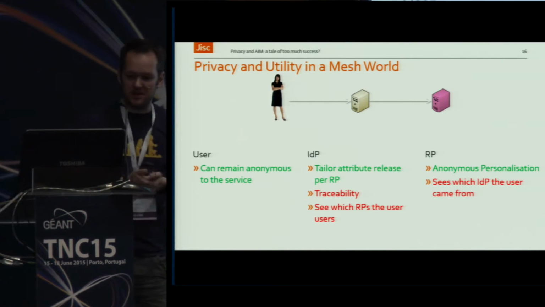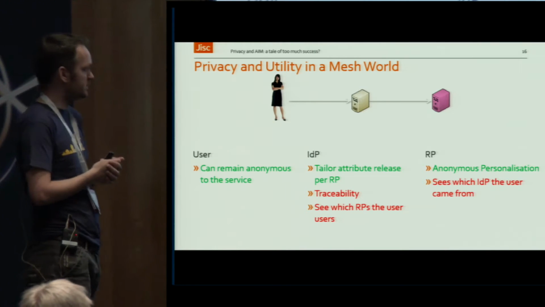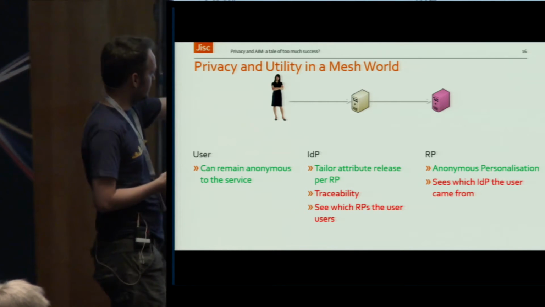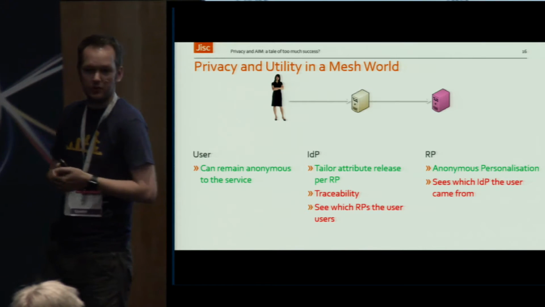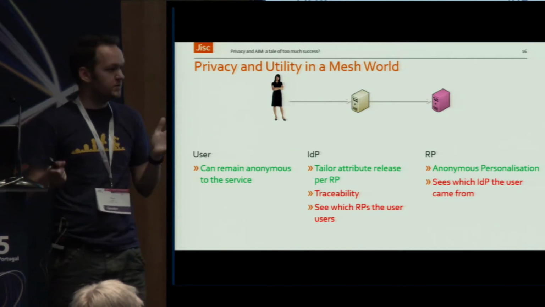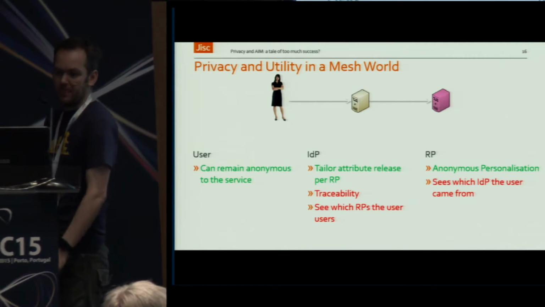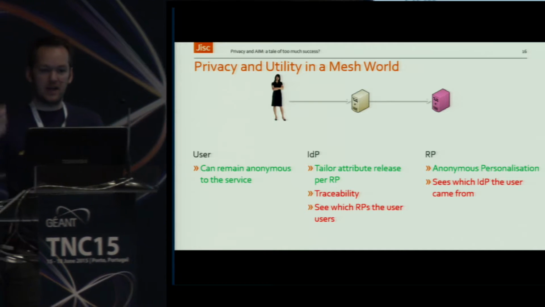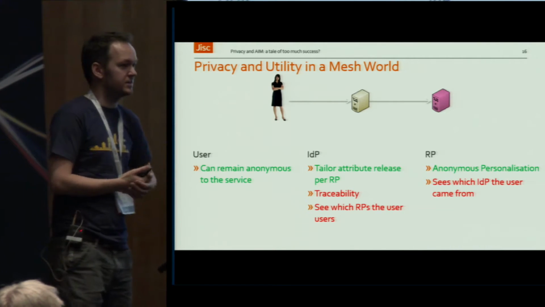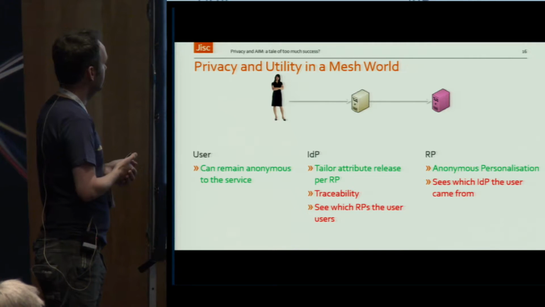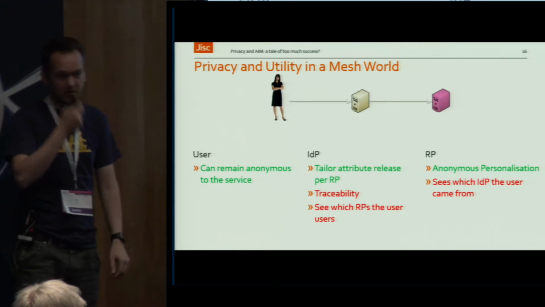The IDPs can tailor attribute release to the service because they know who the service is. There is traceability. I've got the color wrong. That's meant to be green. The IDP can trace which user was doing what. So we have traceability for abuse stuff. And the RP can personalize stuff for the user through things like eduPersonTargetedID. Good. The bad things. The IDP can see which service the users are going to.